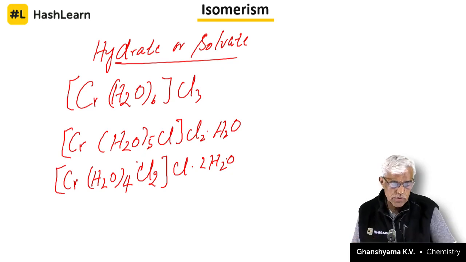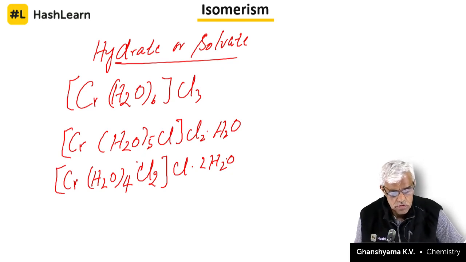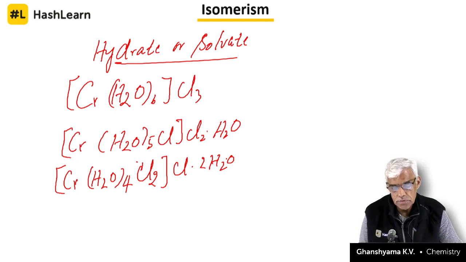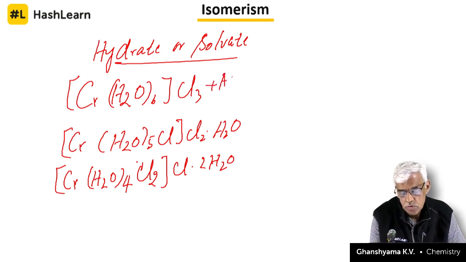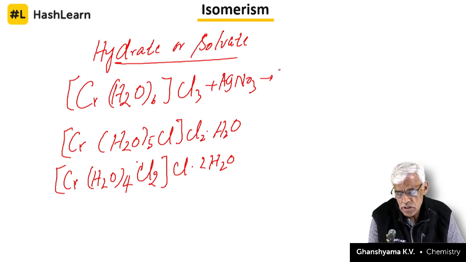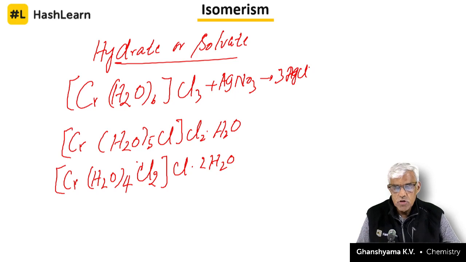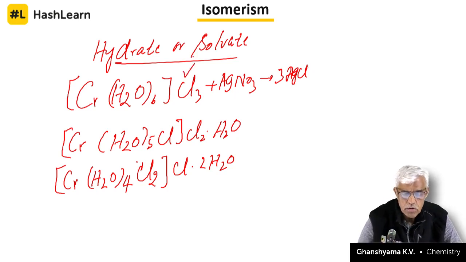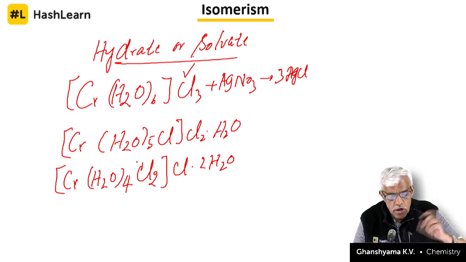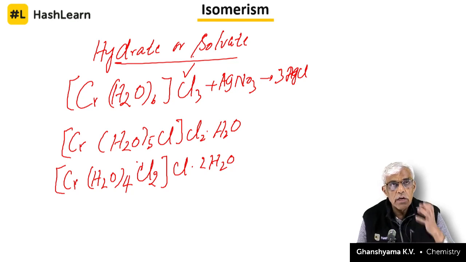How do you know that these structures exist? You add AgNO3 to the first, you get 3 moles of AgCl, which shows that 3 chloride ions are present as counter ions.